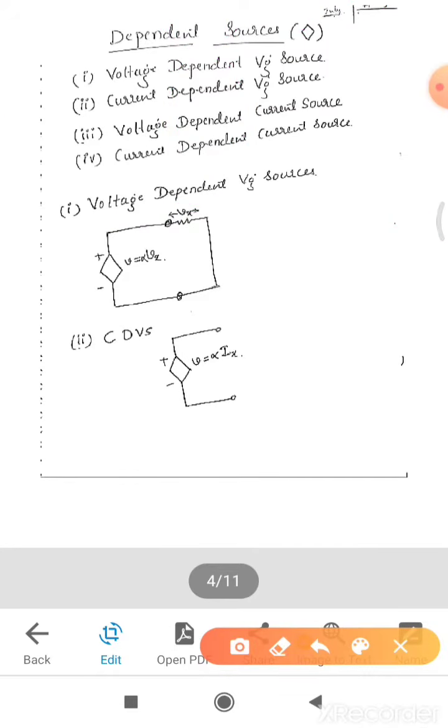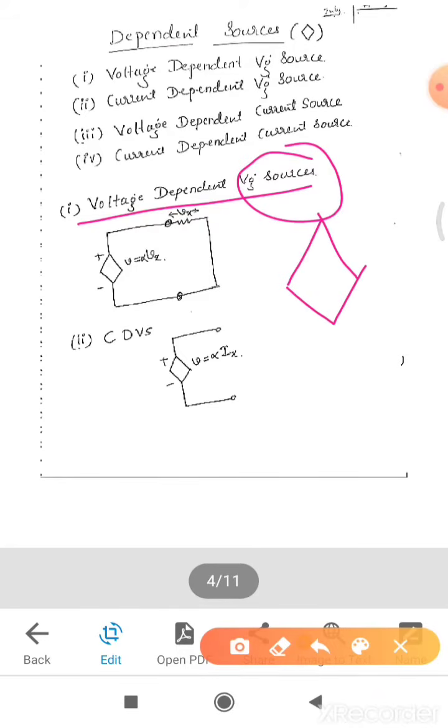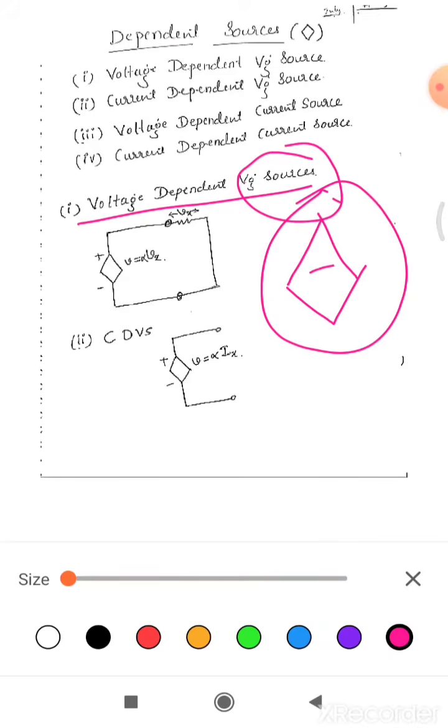Now let's see one by one how we can represent it. Let's say first one, voltage dependent voltage source. As you know, this is a voltage source, and we represent it with a rhombus. If you find this kind of element, you can definitely say that it is a dependent source. If there is a plus and minus inside that rhombus, then it is a voltage source.